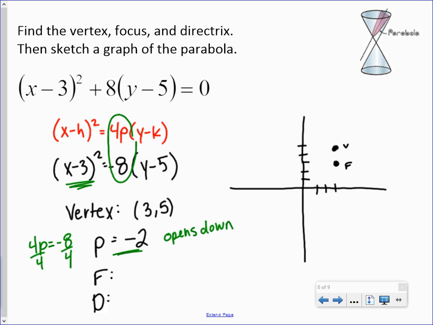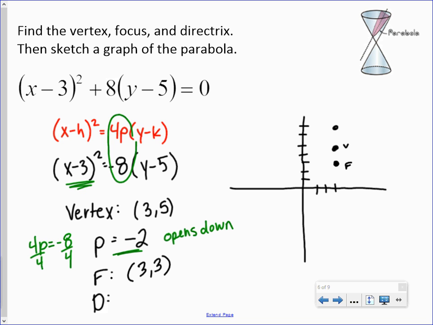There's my focus. Could you tell me what the ordered pair for that focus is? 3, 3. Thank you for whispering. I'm just looking at the graph. If I was at 3, 5 and I went down 2, then I'm at 3, 3. And to get my directrix, instead of going down 2, I'd want to go up 2, because it's going to sit behind my vertex.